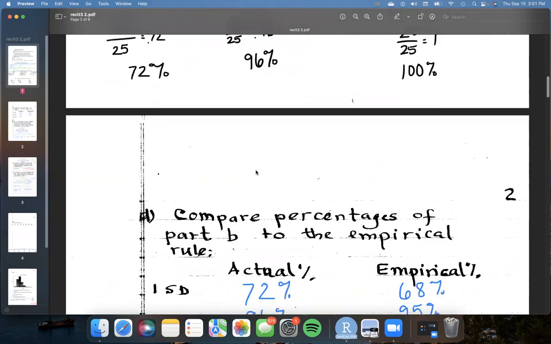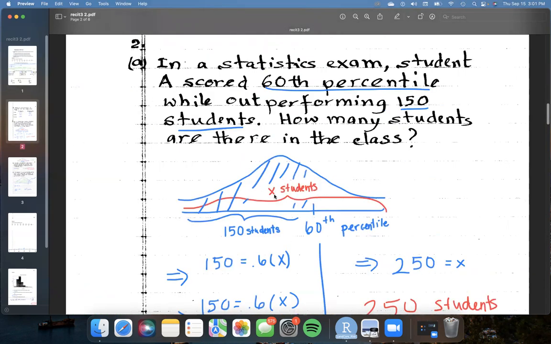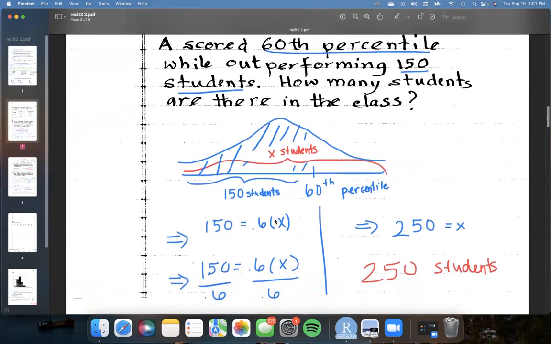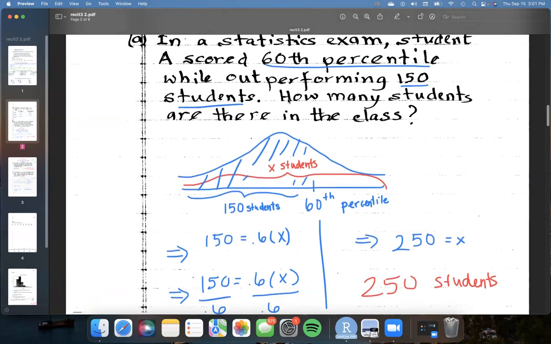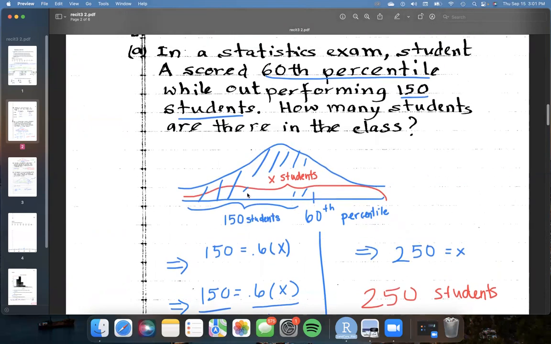And so that's why we multiplied 0.6 times the total, because below it is 60% of the data. And here the student outperformed, so performed better than these.